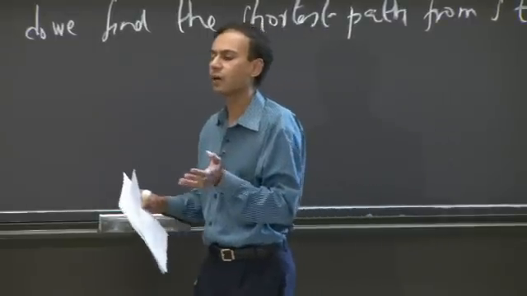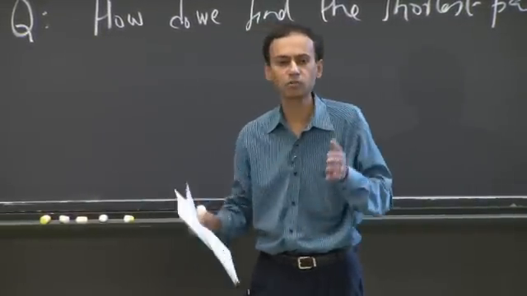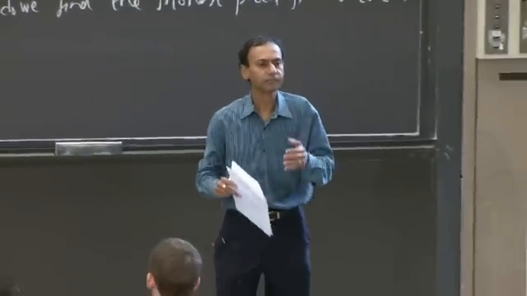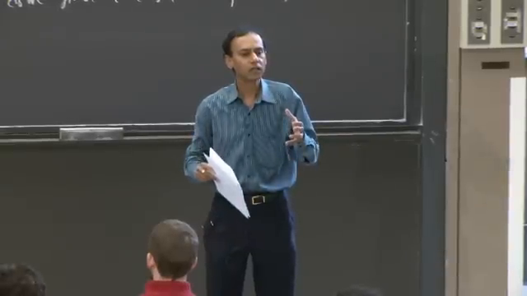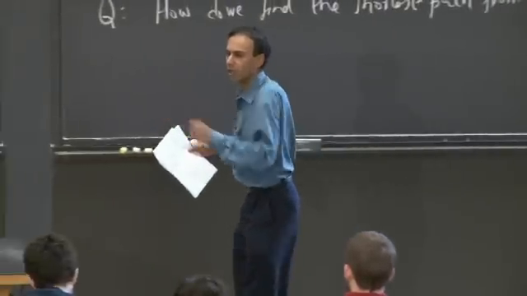Where do I switch from pi F to pi B? There has to be some point where I switch. Yeah, go ahead. At the meeting point, the node that was processed in both queues. All right, was that what you were saying too? Okay.